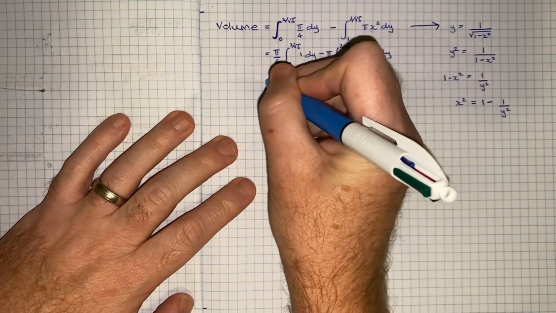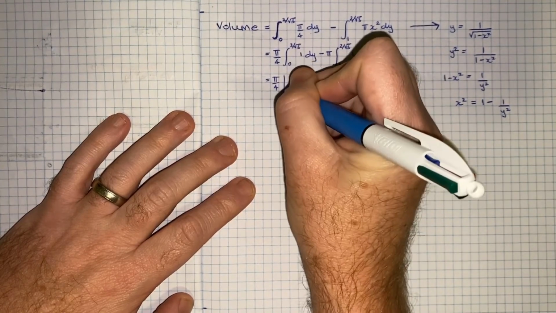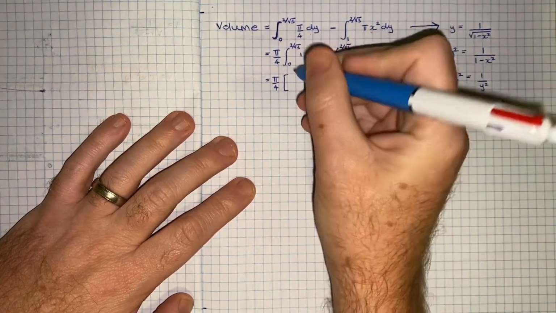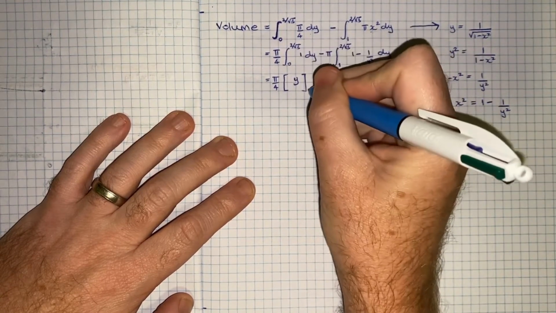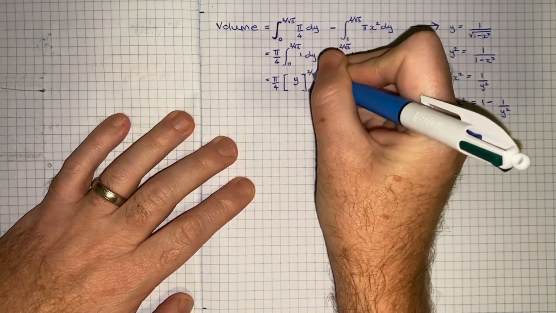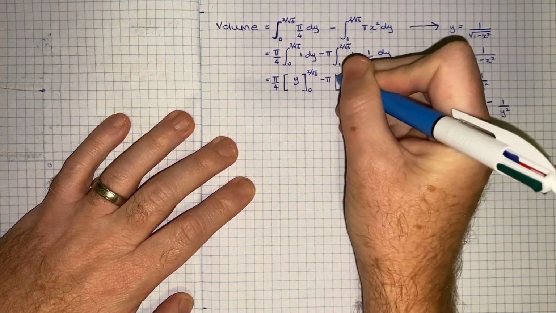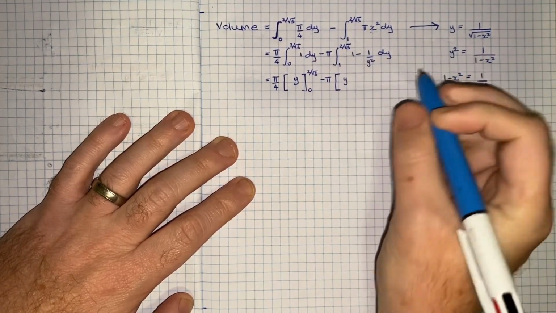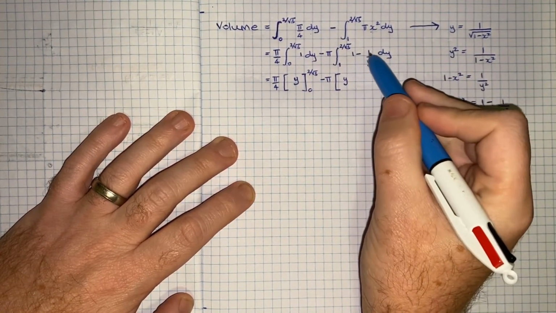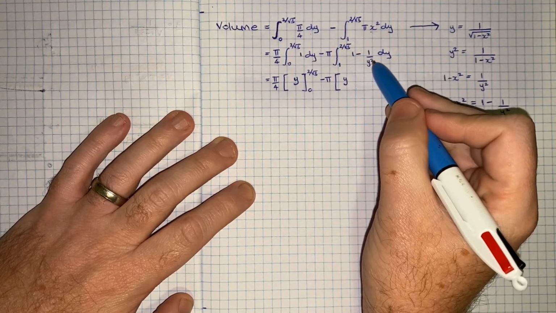So if I start to evaluate this, we'll have our pi on 4. The integral of 1 with respect to y will just get us y, between 0 and 2 on root 3, minus pi. Then we're integrating 1 again, so that's just y. The minus 1 on y squared we could think of as minus y to the negative 2.